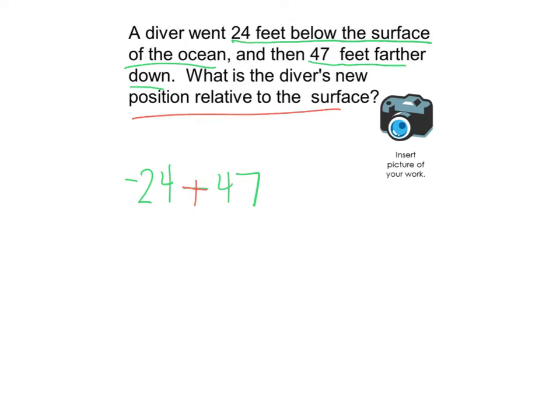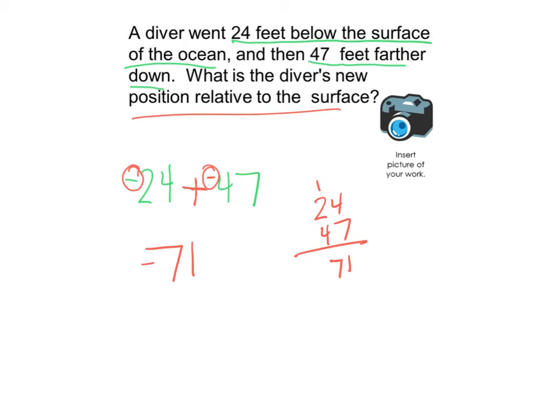I change that to an addition sign, and the one directly to the right of it, I change its symbol. I make it the opposite. So it was a 47, now it's a negative 47. Now this is addition, and I remember same sign, add and keep. 24 plus 47. 71, and then because it has the same sign, I keep the sign, add and keep.